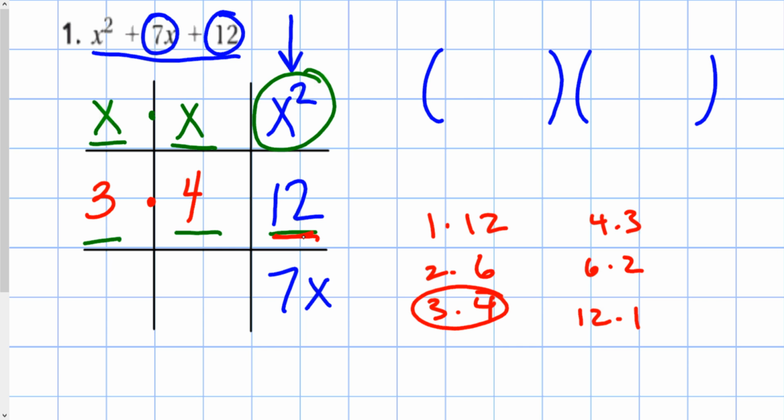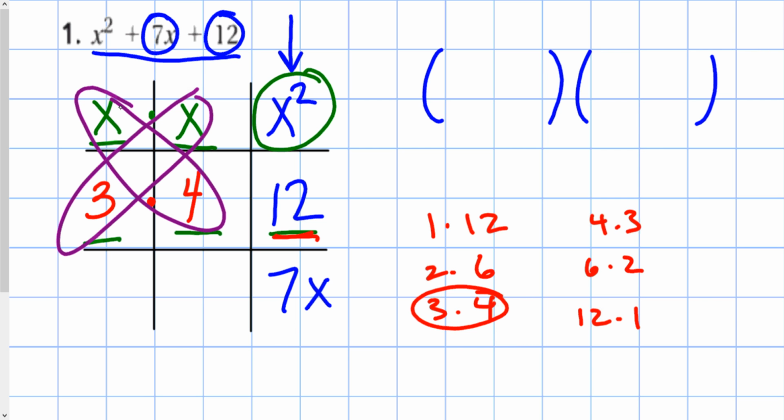3 times 4 is 12. Now that part's correct, but in order for this to work, you also have to be able to cross multiply and come up with 7x at the bottom. So if I cross multiply x times 3, I get 3x, and x times 4, I get 4x. If I add those together, I get 7x.